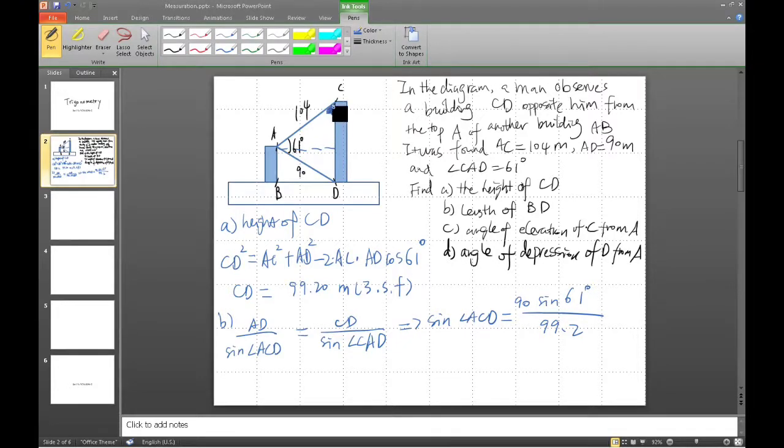I am shading the angle ACD we are trying to find. Therefore, after punching the calculator, you should get angle ACD equals to 52.51 degrees.